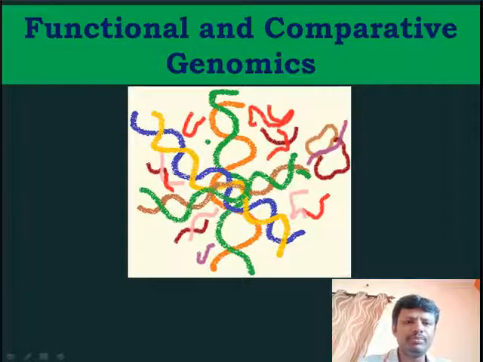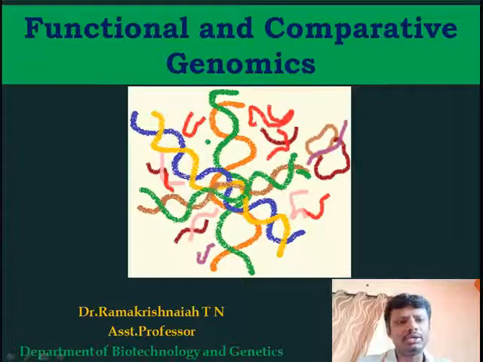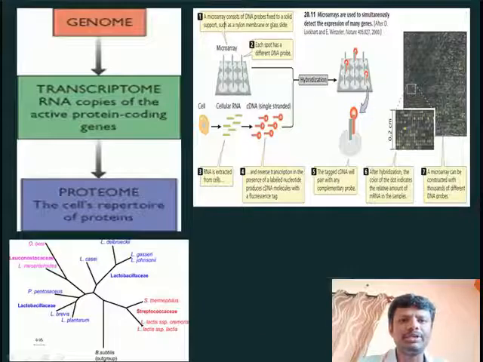So most importantly, in functional genomics, we will be analyzing the functional aspect of a gene, either in the form of its functional RNA or the ultimate form, its protein. We will not only stop there, we also try to interconnect the two components, how the genes interact with each other.